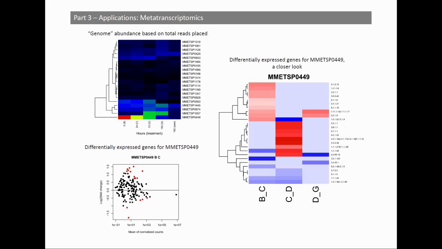So this is your standard DESeq2 style plot. We have log fold change on the y-axis and mean normalized counts on the x-axis. So these are the more abundant transcripts, and these are the ones that are changing more. Red here indicates a significant change between these two points of comparison.